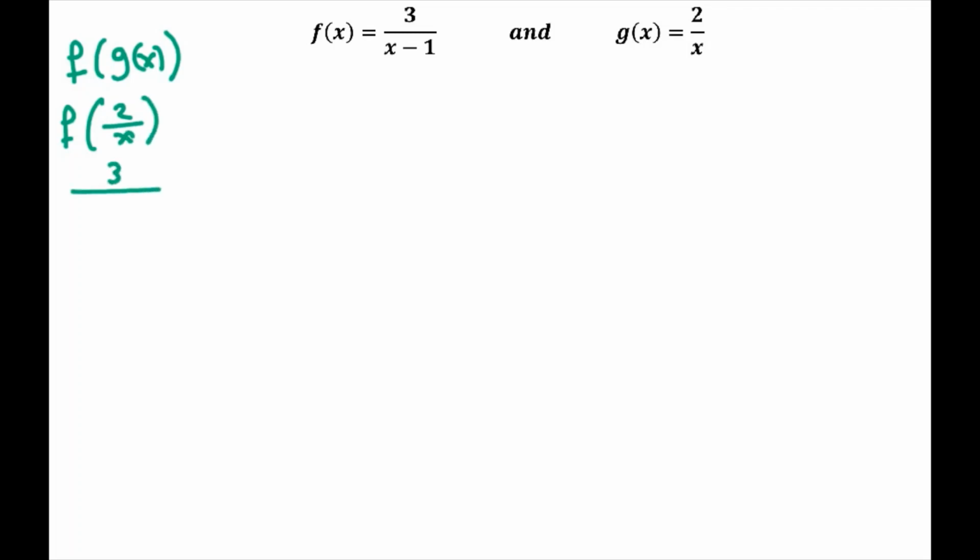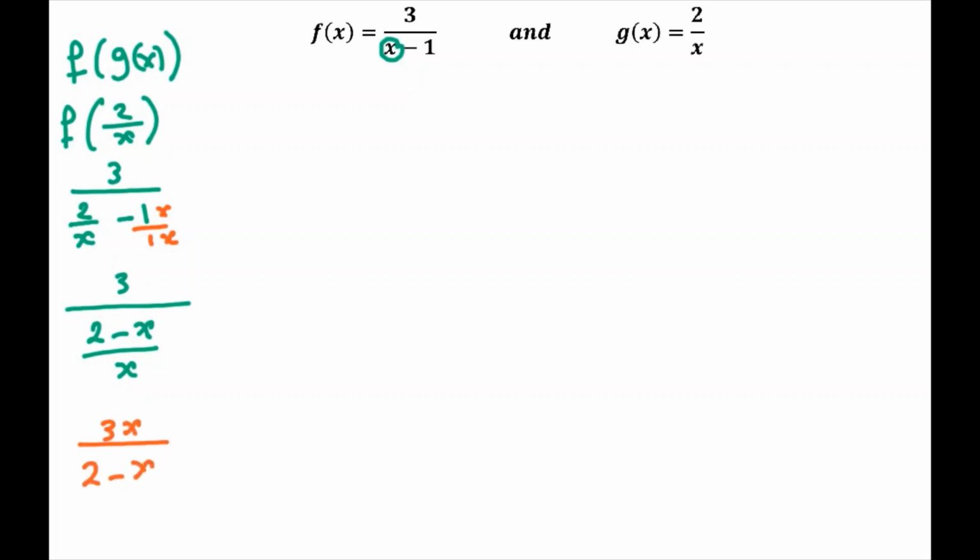Now go ahead and substitute x by 2 over x. Then try to simplify. It's going to be 2 minus x over x. And let me remind you of this. We will multiply by x and x to have a common denominator. And finally it will be 3x over 2 minus x.